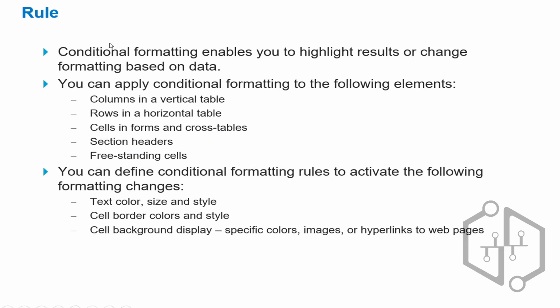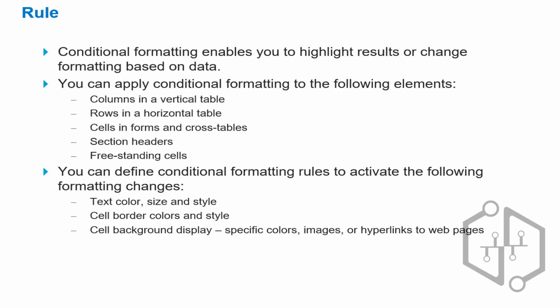And we have one more great feature in Web Intelligence, that is conditional formatting. Conditional formatting enables us to highlight results or change formatting based on data. We can apply conditional formatting to the following elements. Highlighting results means we can create alerts or rules to show the data that passes our definition.